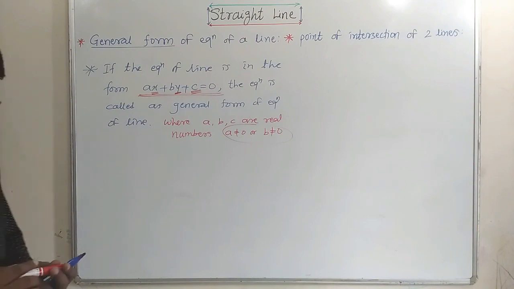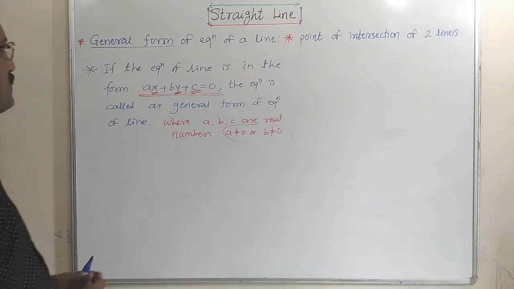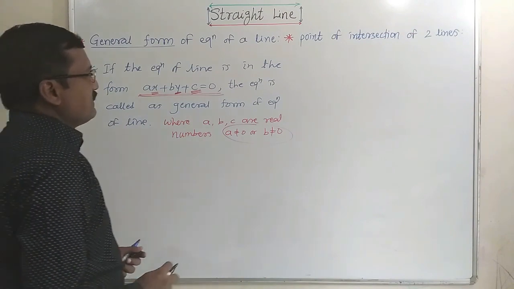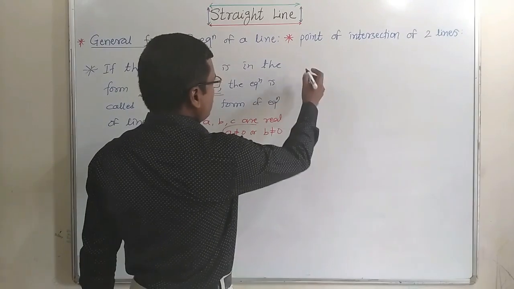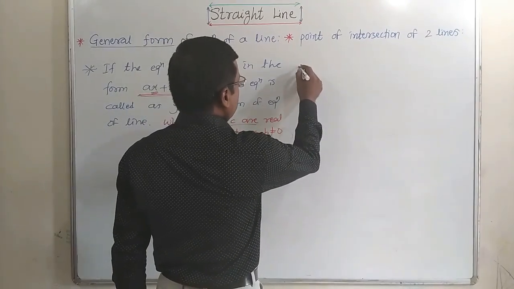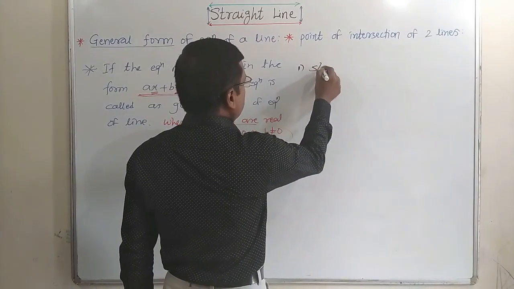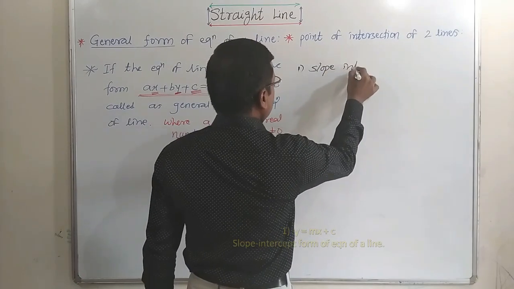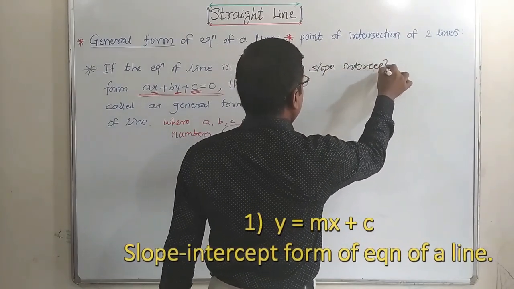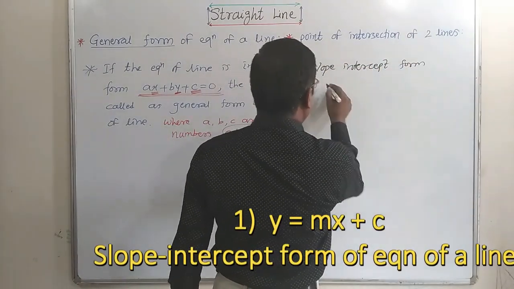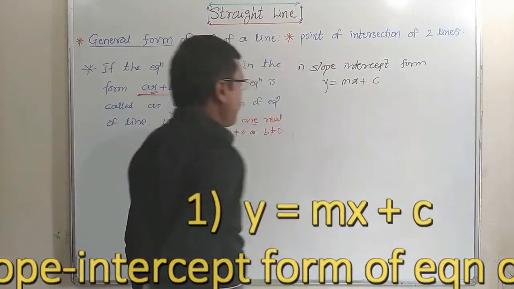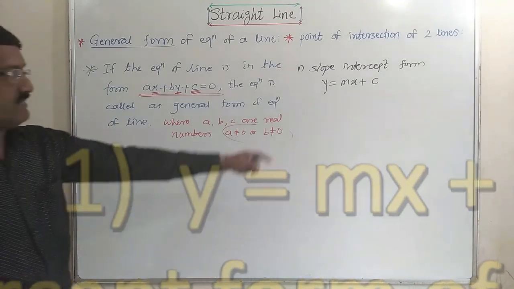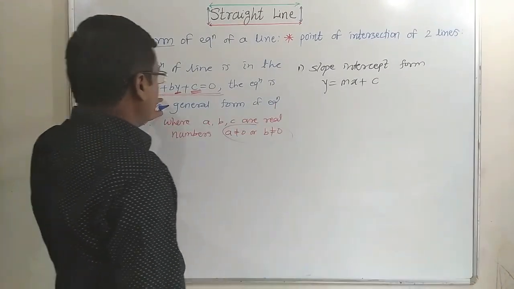In our previous lecture, we have learned different forms of equation of line. Let us try to convert each form into general form here. Our first form is slope intercept form, that is y is equal to mx plus c. Can we convert that slope intercept form into this general form?